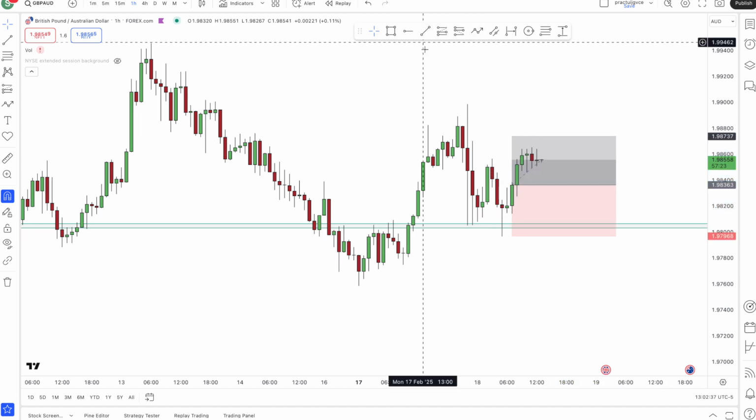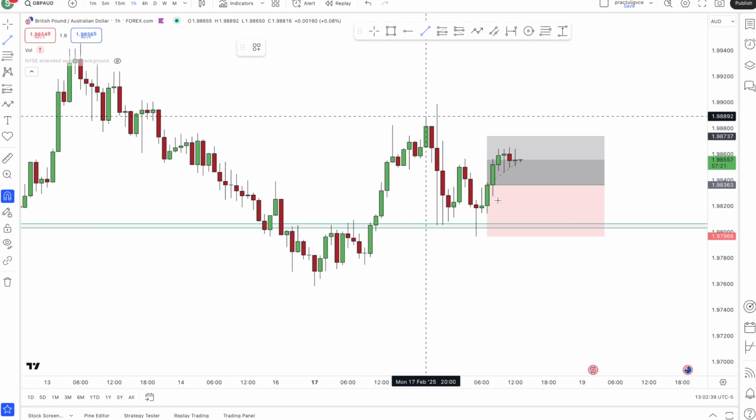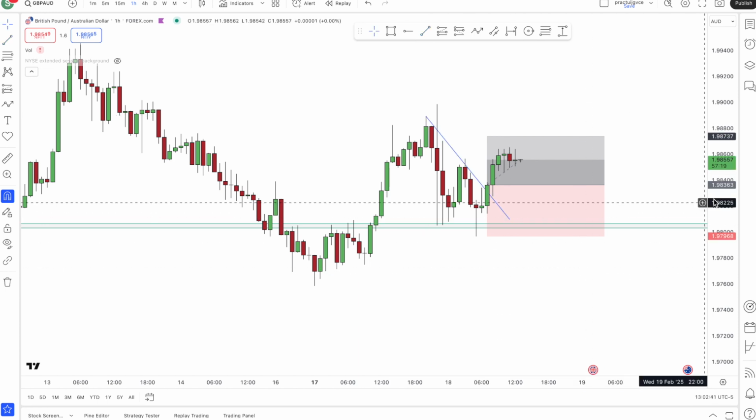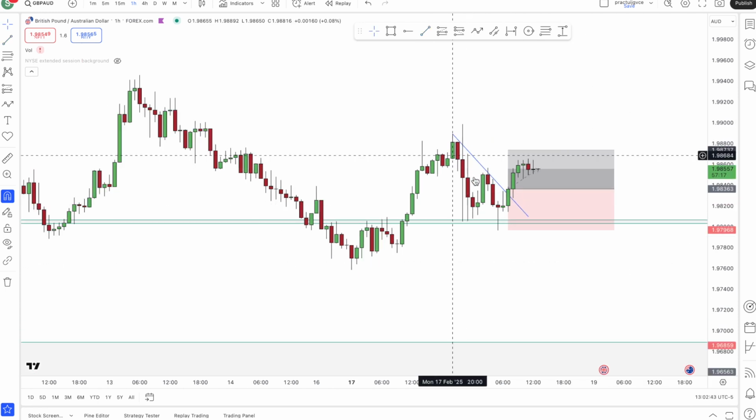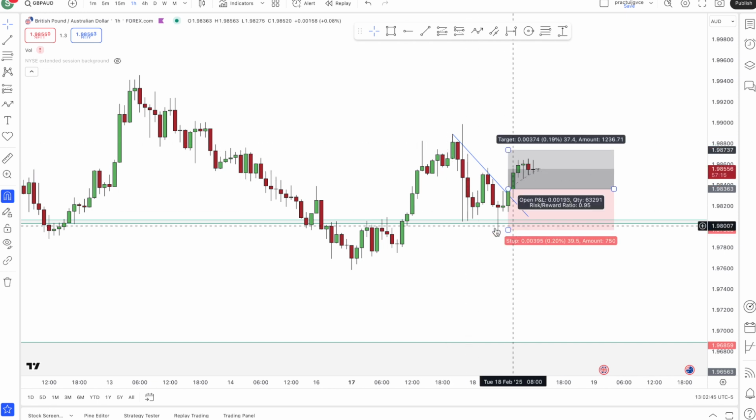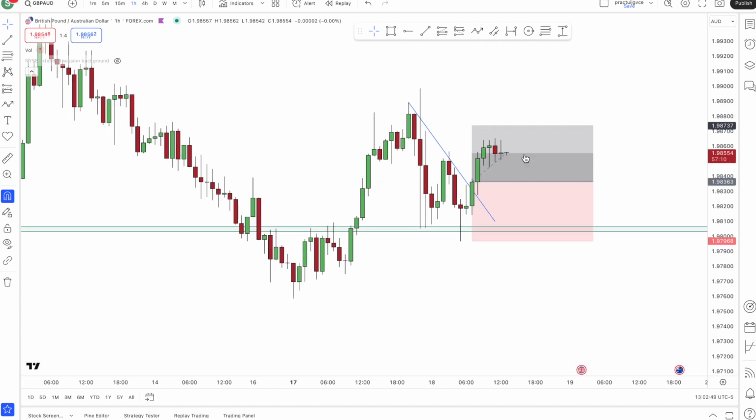But also we break out of this little trend here. We actually have a trend line funneling into the zone, double bottom, breakout, and now we're in long.